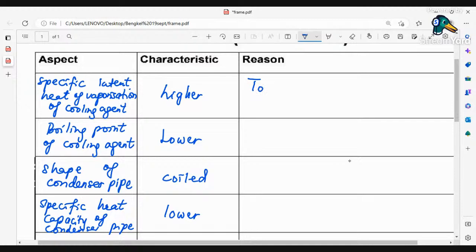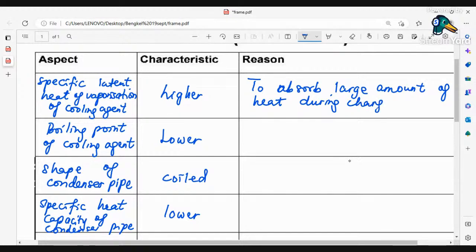Specific latent heat of vaporization of cooling agent is higher, to absorb large amount of heat during change of state.